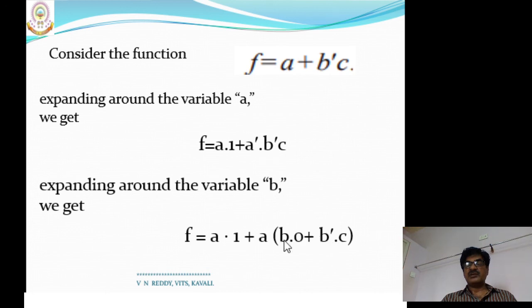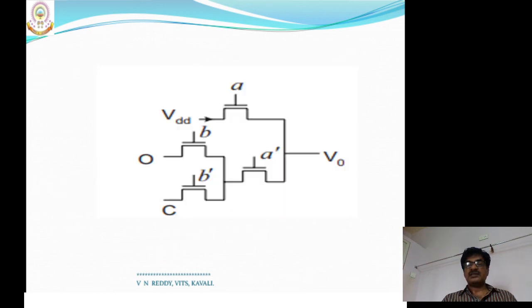Their gate voltages are b and b dash, whereas the inputs are 0 and c. That one is connected in series to another transistor, and that transistor is parallel to one more transistor. For the transistor in series, the gate input is a dash, and for the other transistor the gate is a and its input is VDD.